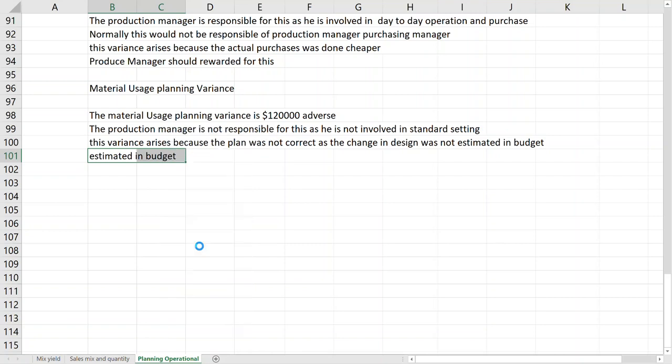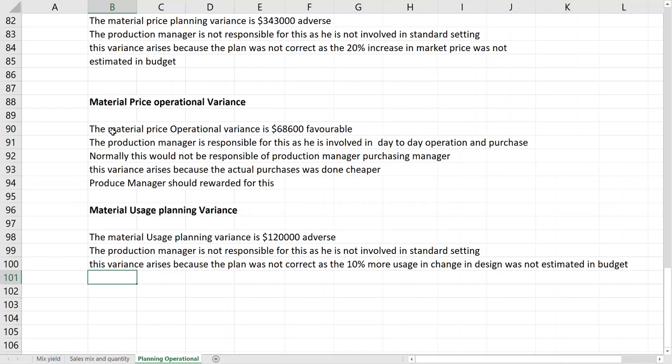You can also mention the 10% more usage and change in design was not estimated.